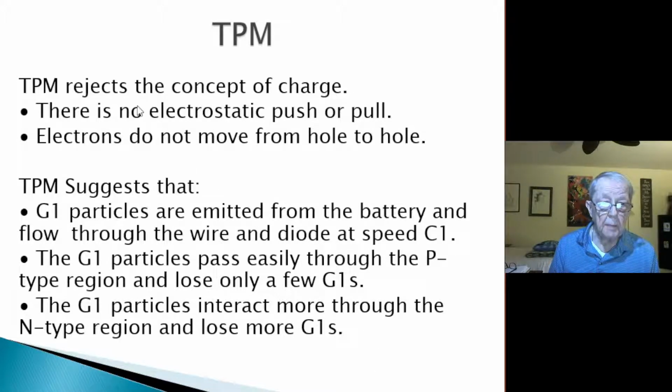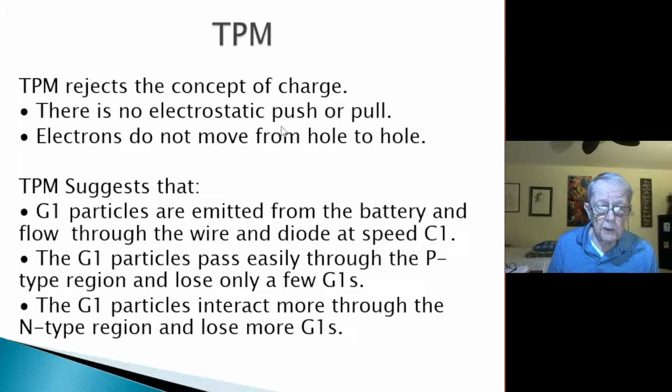It just doesn't happen. Now, in the particle model, as you know, if you've watched any of my videos, we reject the concept of charge. There is no electrostatic push or pull, which I just read to you, they use as a description of how these things move.